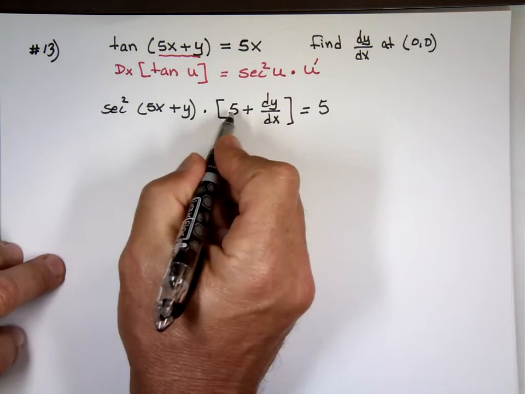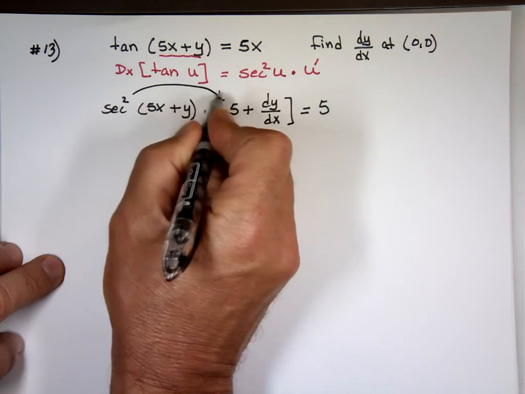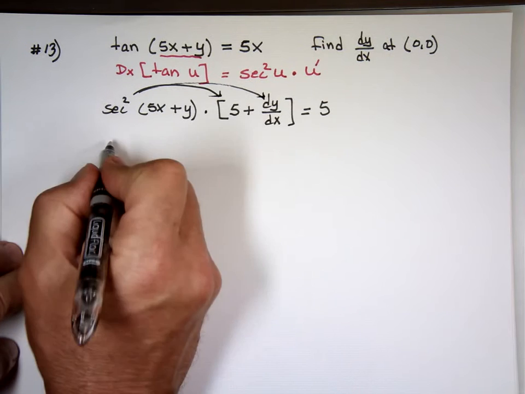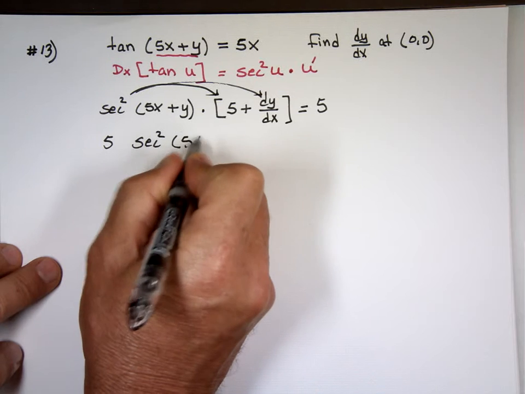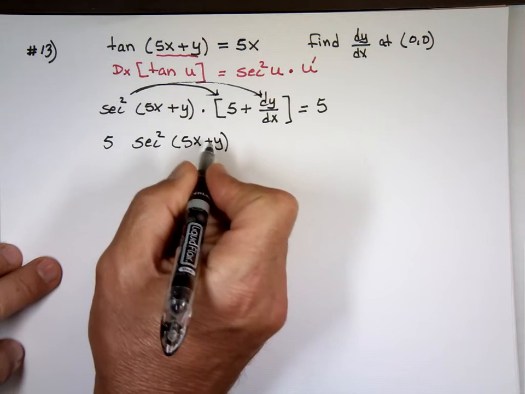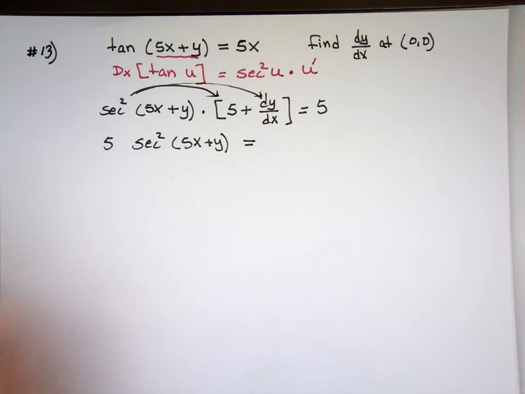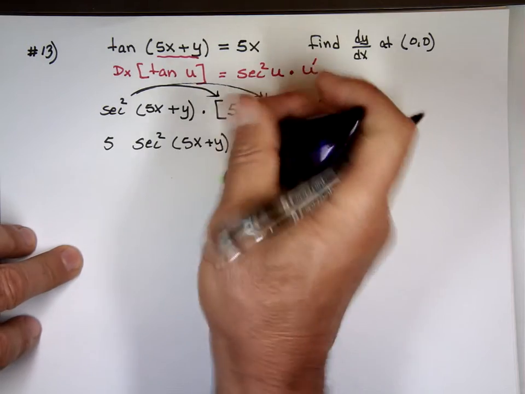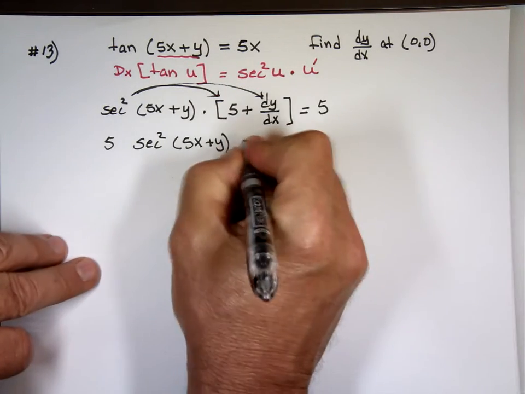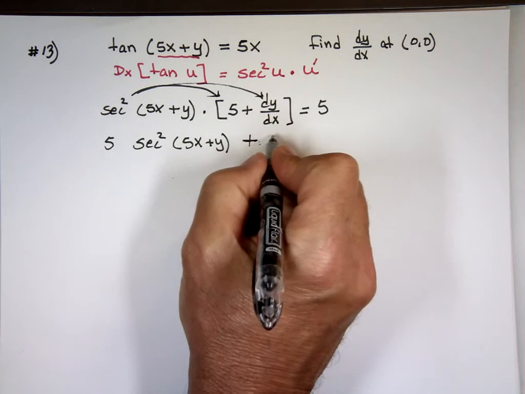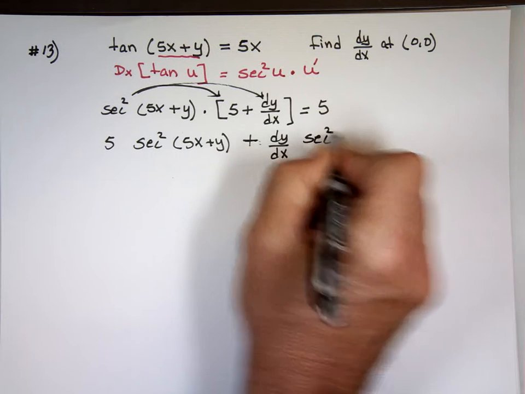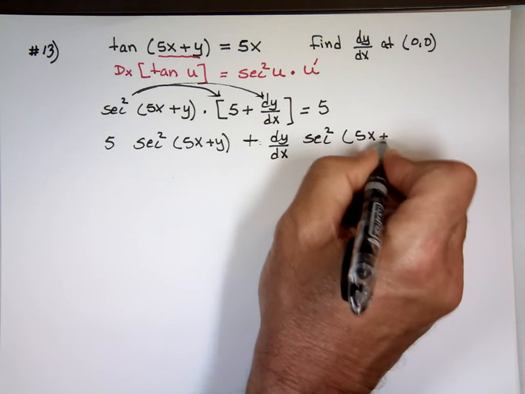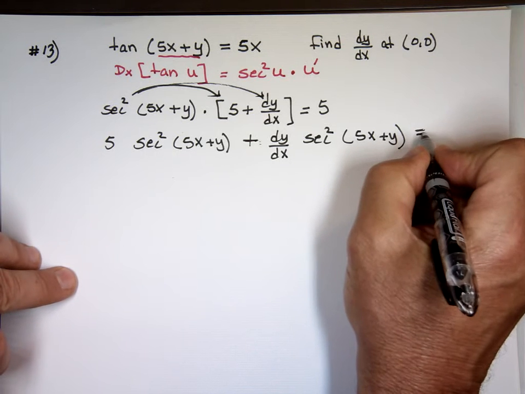So if you distribute that, you have 5 times secant squared (5x plus y) plus dy/dx times secant squared (5x plus y) equals 5.